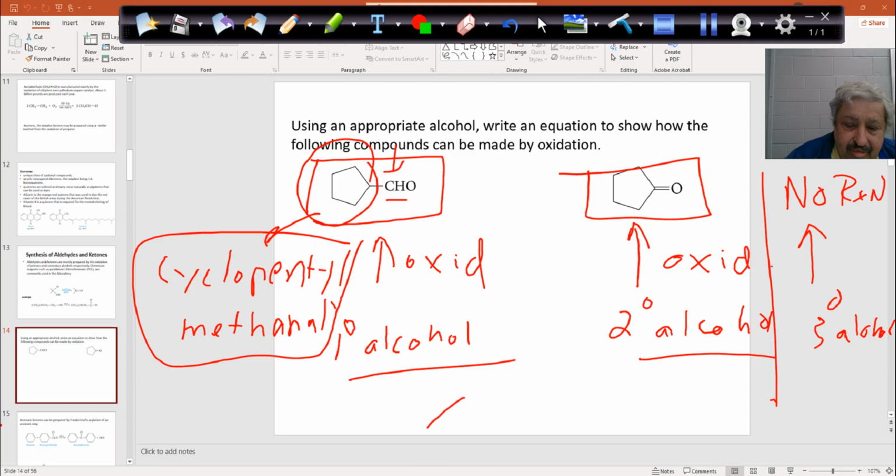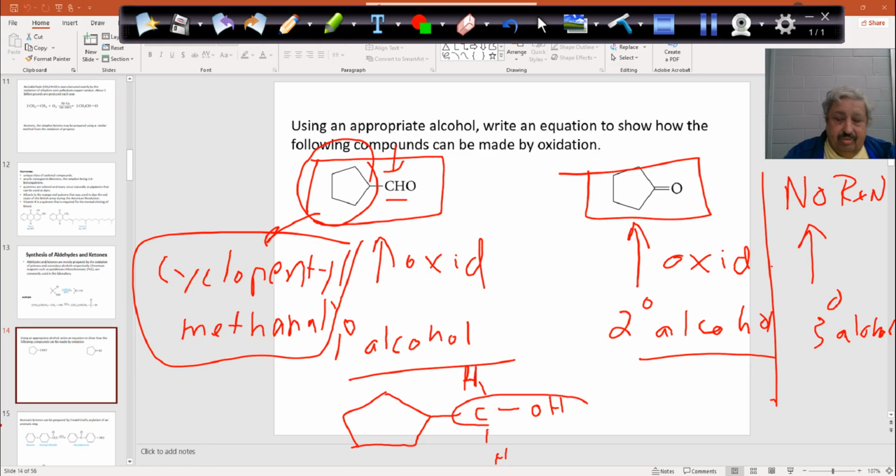So in order to have this one here, we can get a primary alcohol. That's just easy to visualize, and we can do it the same way they put it here. Now I have to have what? OH here, H here, and H here. So you can see this is a primary alcohol.